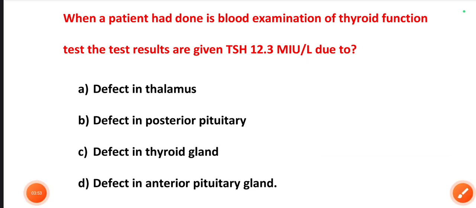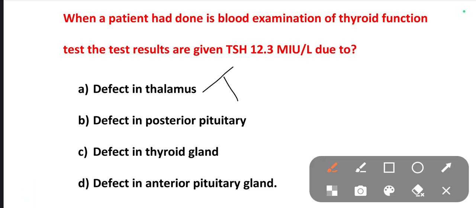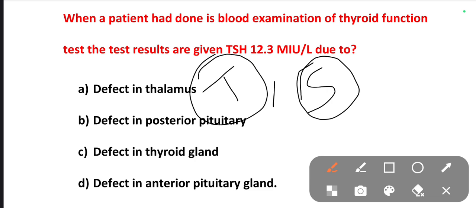For example, the best example is the teacher and the student. When the student is not reading well, the teacher focuses on the student more. The teacher is the pituitary gland, the student is the thyroid gland. When the student is not reading well, the teacher focuses on that student too much. The same condition: thyroid stimulating hormone is produced from the anterior pituitary.